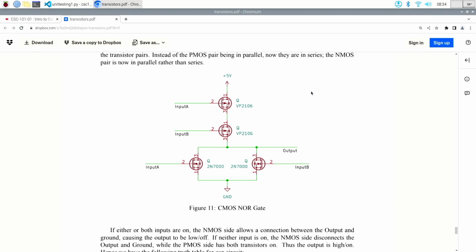Okay. So we've got 3 other cases to consider, right? Let's take when A is 1 and B is 0. All right. If A is 1, what happens to this transistor? Not going to go through, which means can anything get from 5 volts to the output? No. Okay, it's blocked. All right. On this side, can we get from output to ground? Yes, because if A is on, then what's true about this transistor?